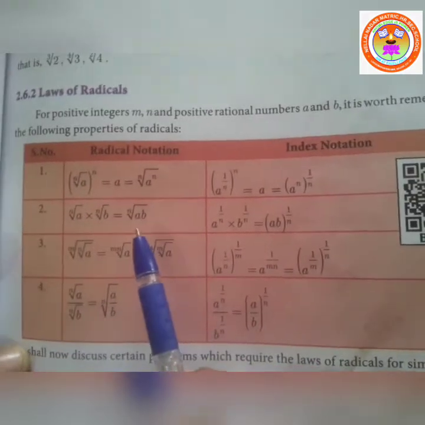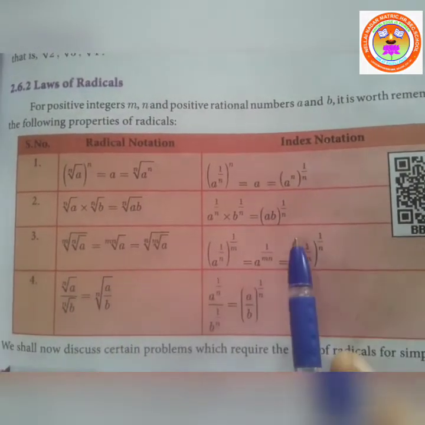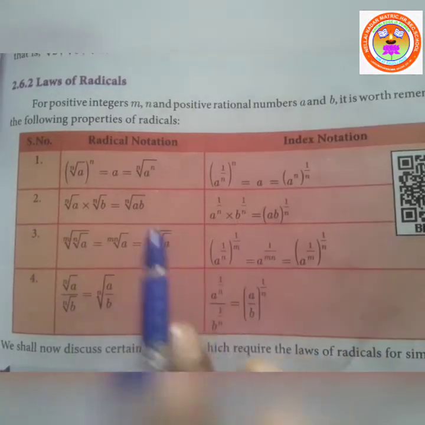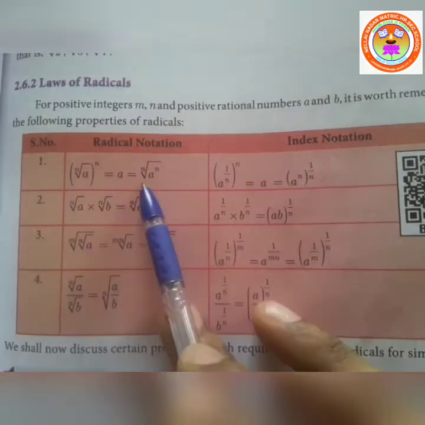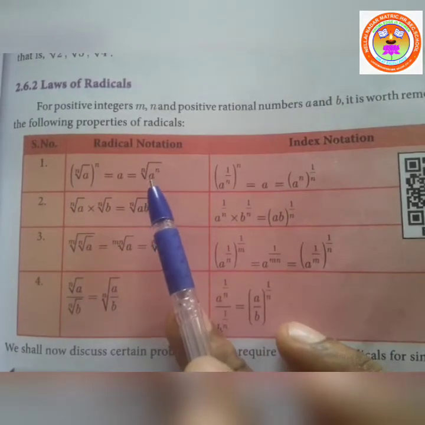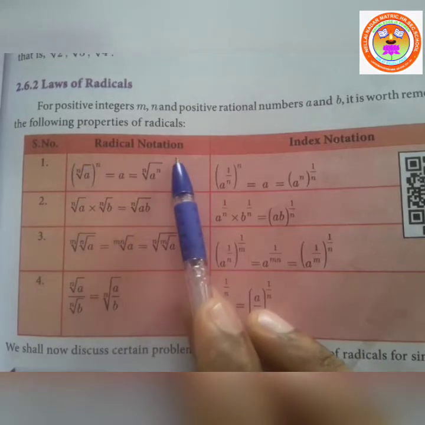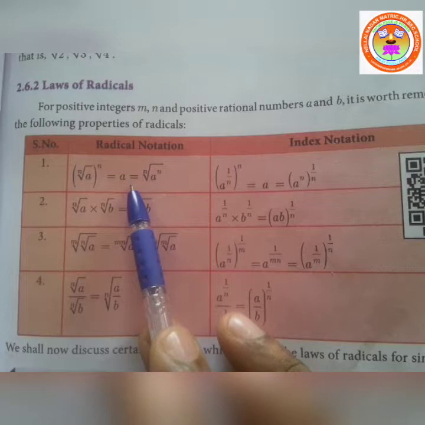You can pause this video from here and write this down. These are the radical notation and index notation. Both are equal, but the way of writing is different. In radical notation, nth root of a power n is nothing but a.